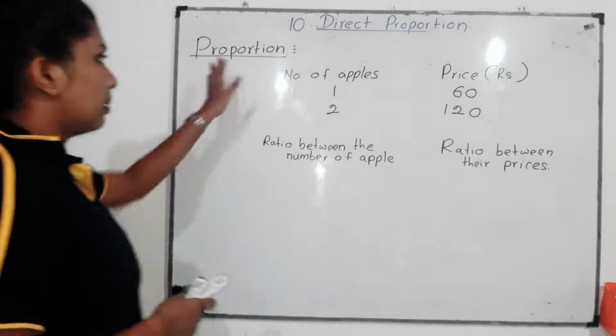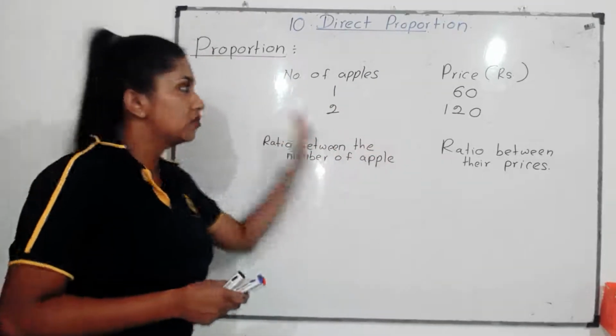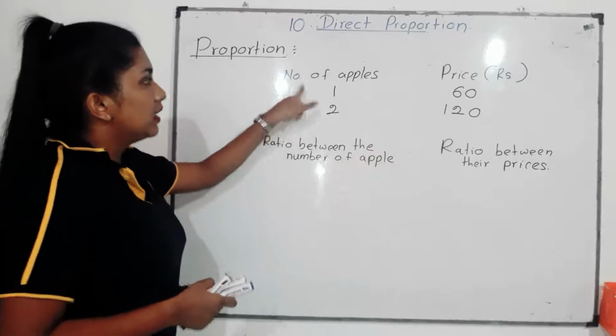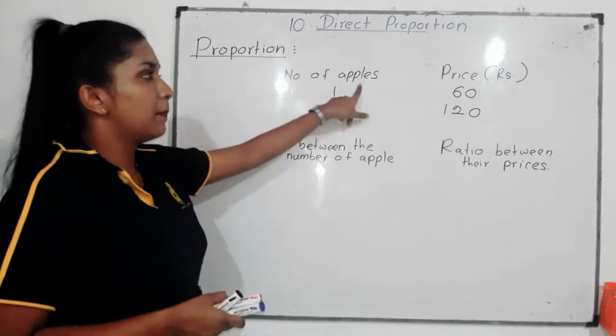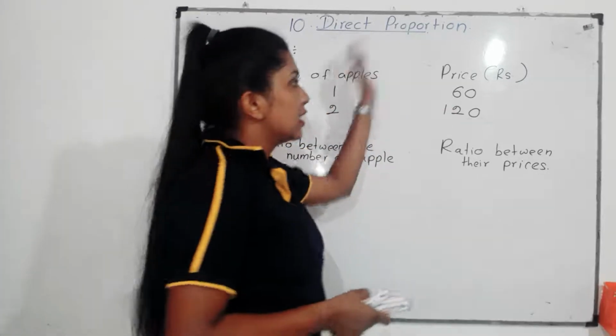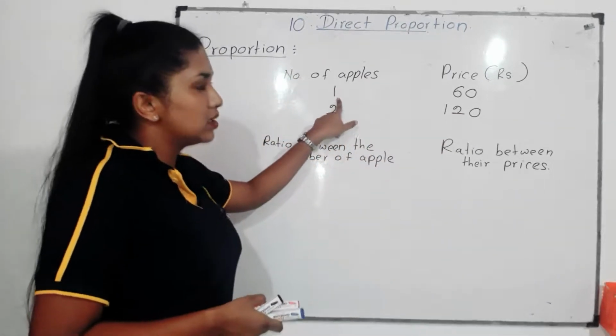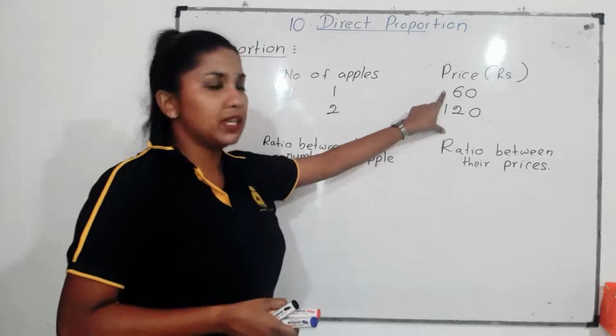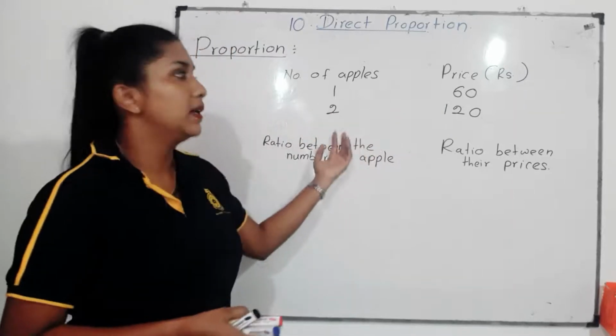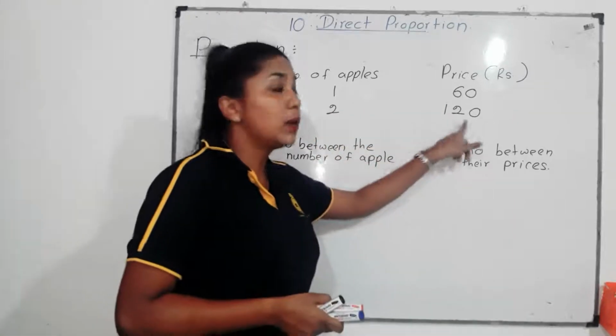Next thing is the proportion. Let us consider it from an example. In here I have mentioned number of apples and price as the quantities. The price of one apple is 60 rupees. Then we know the price of 2 apples is 120 rupees.